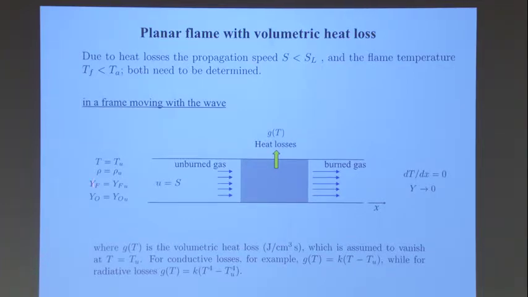The concentration, the mass, the temperature, the density is known far upstream. Now the mixture is moving towards the flame at a speed, but that's not the laminar flame speed, because it will be a speed that depends on the extent of loss that the flame experiences.